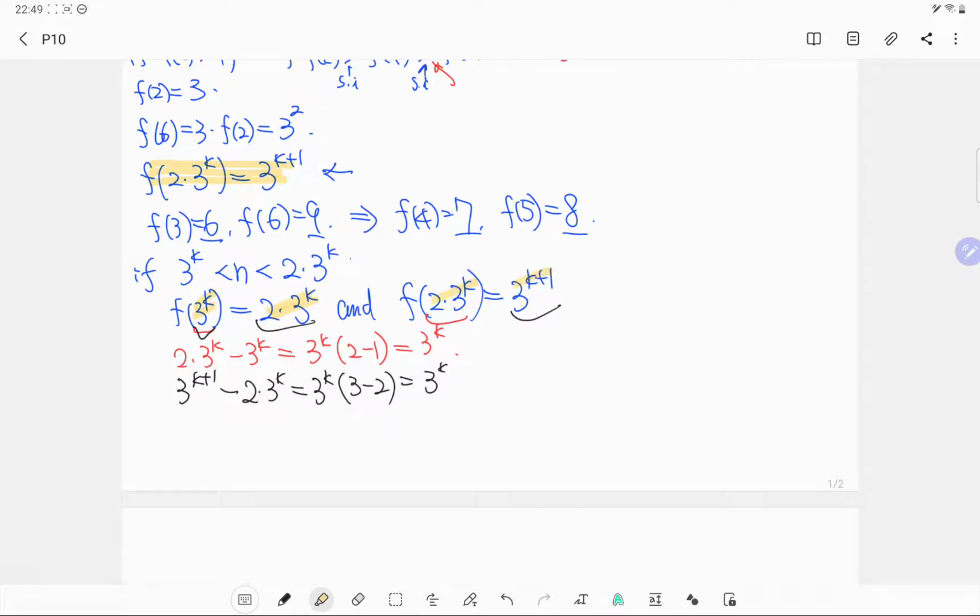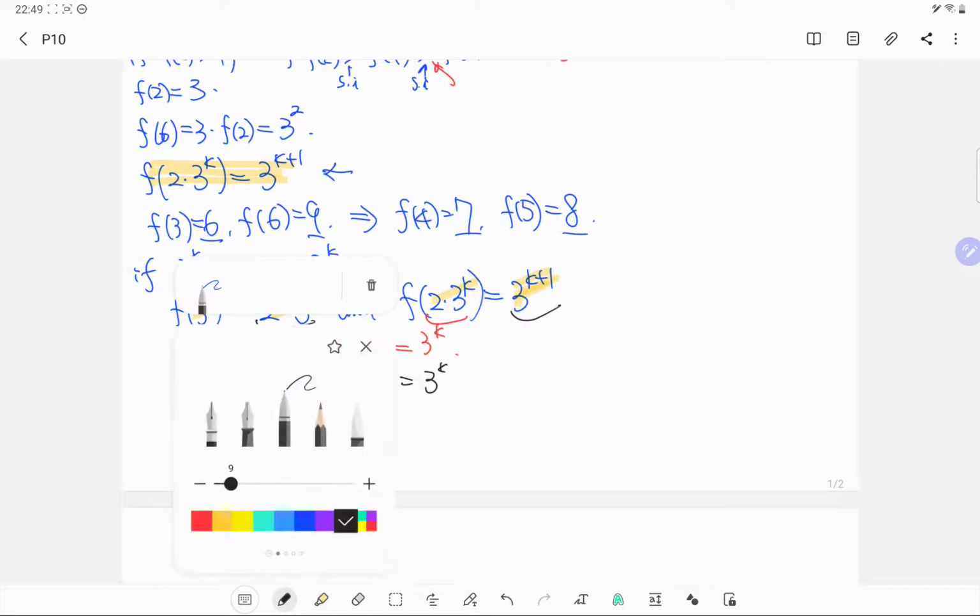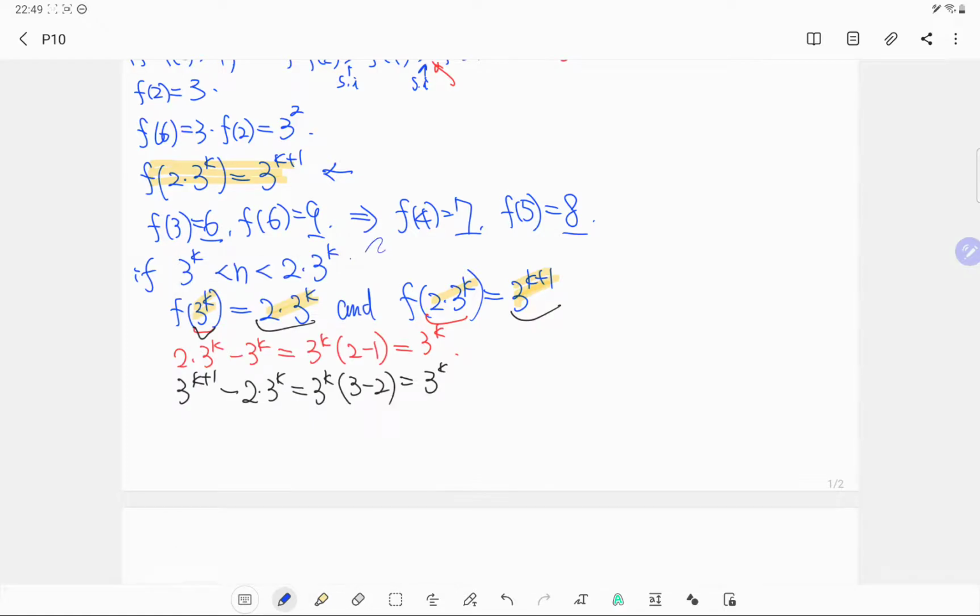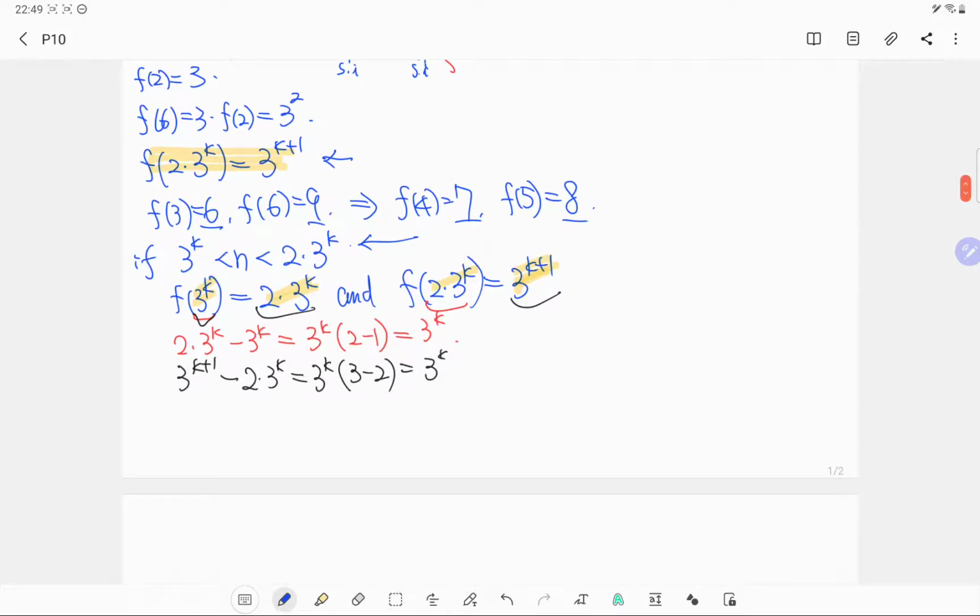These two numbers also differ by 3 to the k power, which means if n is larger than 3 to the k power and smaller than 2 times 3 to the k power, and n can be written as 3 to the k power plus r, where r should be smaller than 3 to the k power and larger than 0.